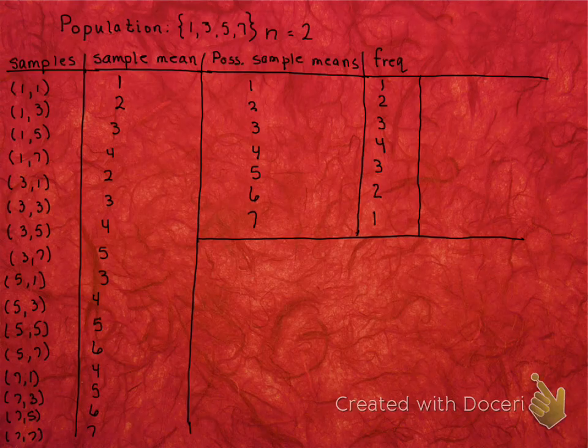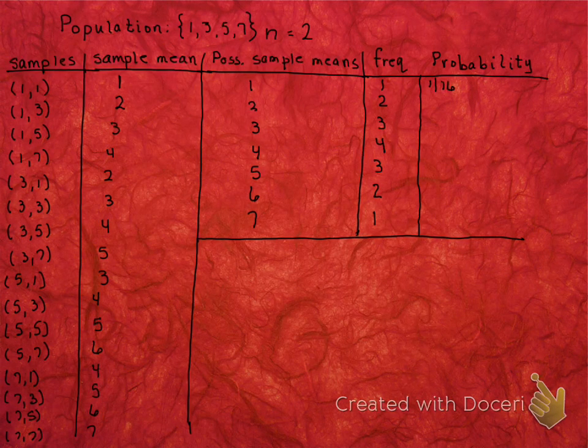Then they have us finding the probability, although if we don't have the probability from the normal population, we don't really have much to compare this with. But to find the probability values, it's the frequency divided by the number of samples you've got, which is 16.